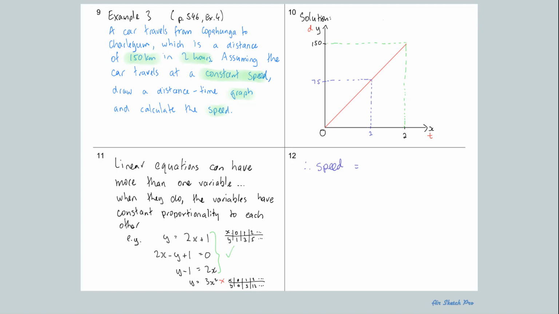So if we want to, just to be a bit complete, I can say it is 150 kilometers per 2 hours, which is equal to 75 kilometers, 150 divided by 2, per hour, or if you like, 75 kilometers per hour to the -1. Either way, you have worked out the speed.